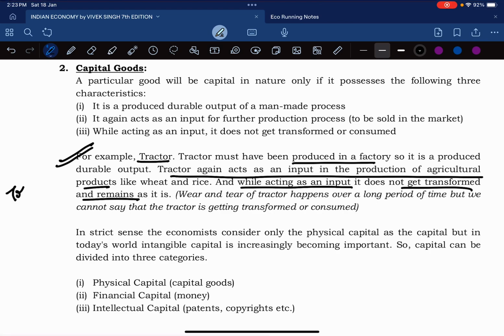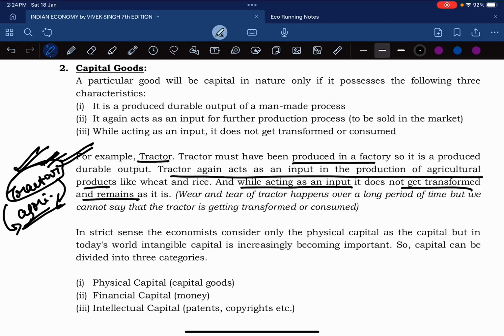When we use a tractor while doing agriculture, the tractor remains a tractor itself. It does not get consumed in performing agricultural practices. So it is a capital good that is required to perform agriculture. Although there will be some wear and tear, the tractor will remain in its shape and size, right? So it is a capital good.